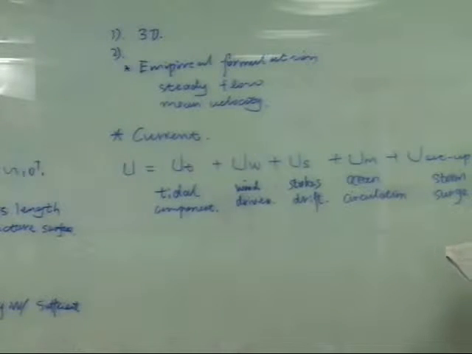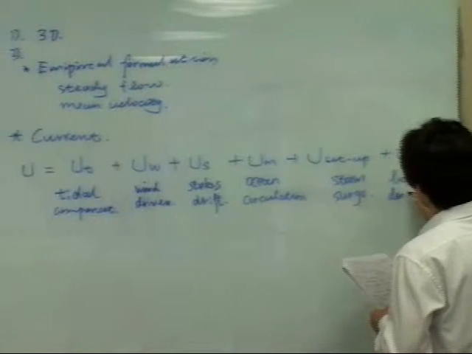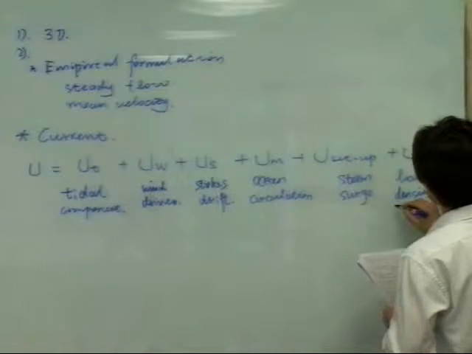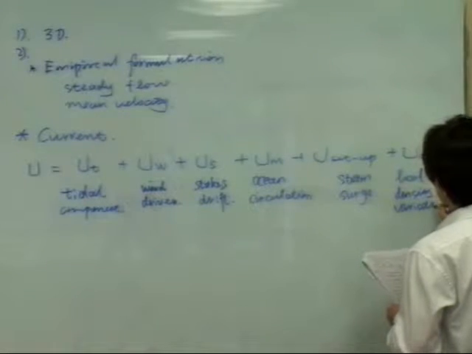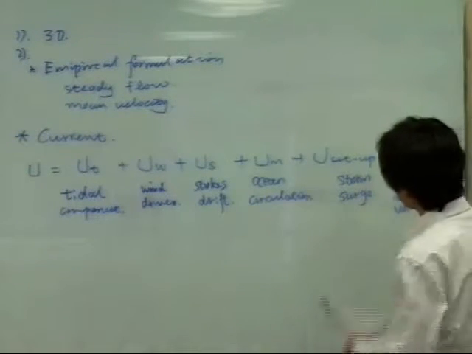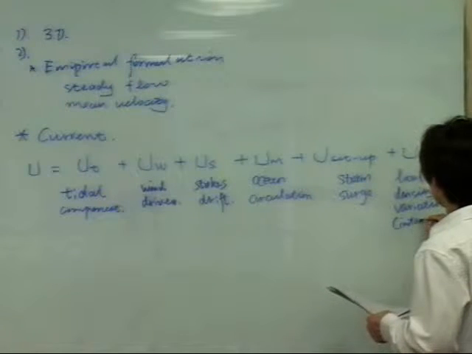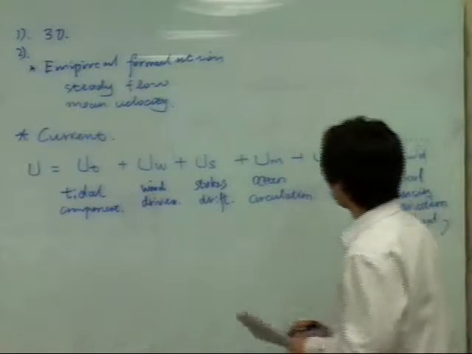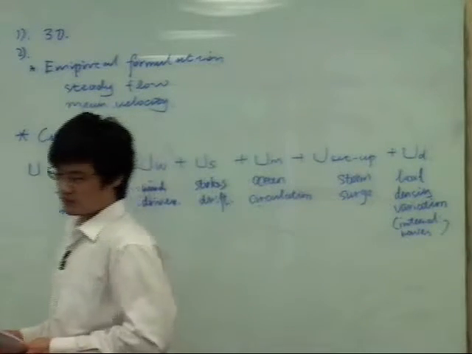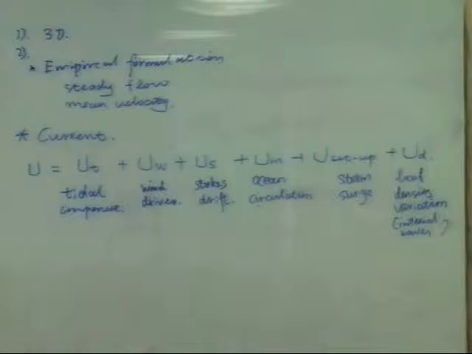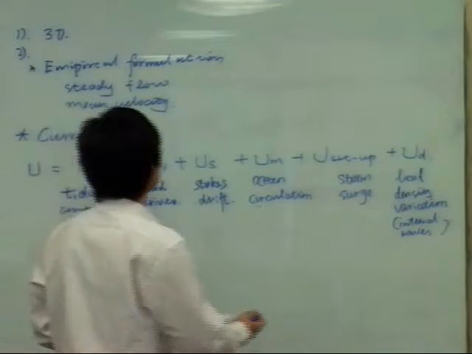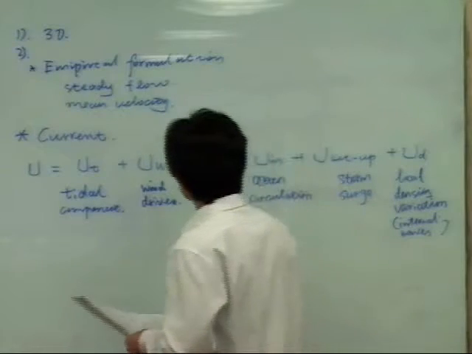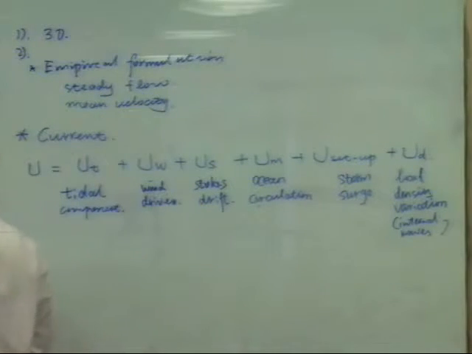And here is the local density variation, like the cause for the internal waves, the present internal waves, and ocean circulation, all due to the shape of the continent, like a loop current in the Gulf of Mexico.